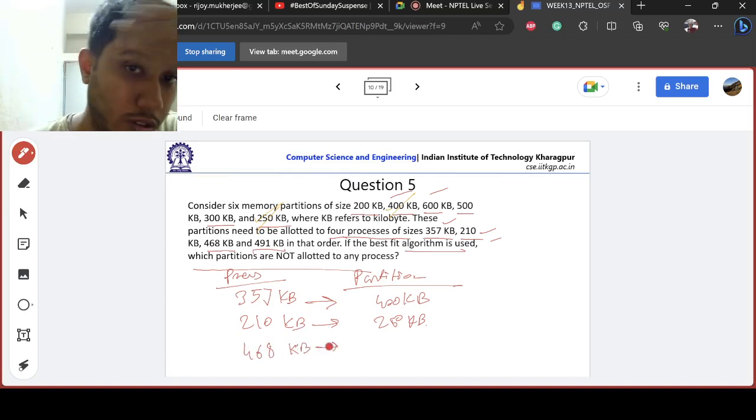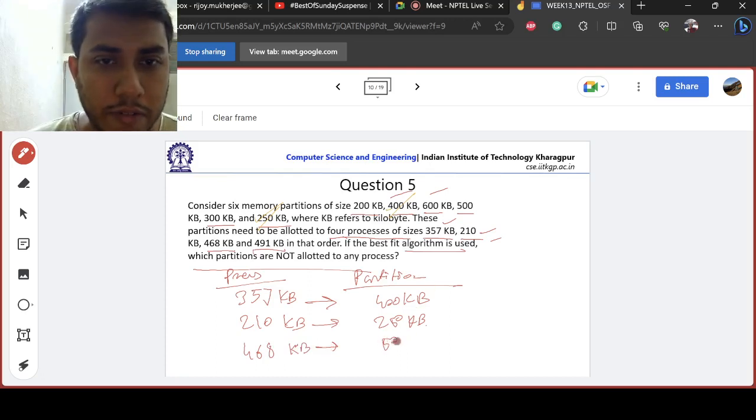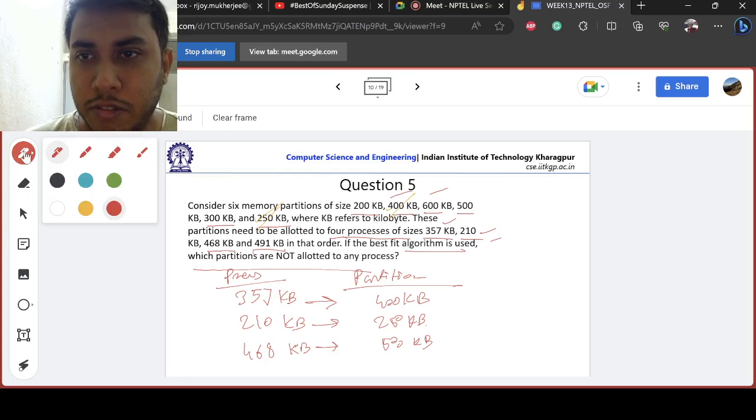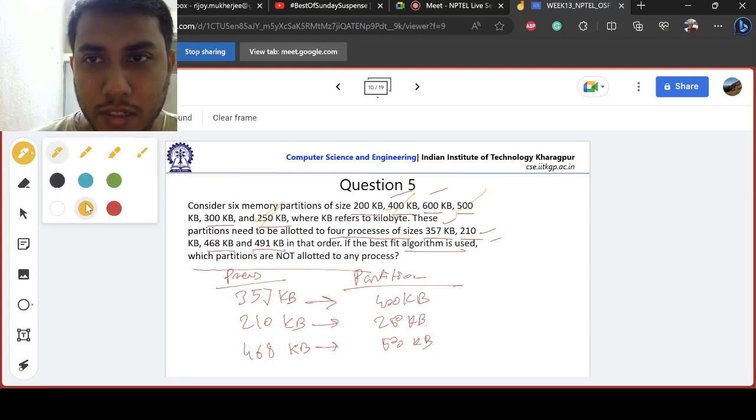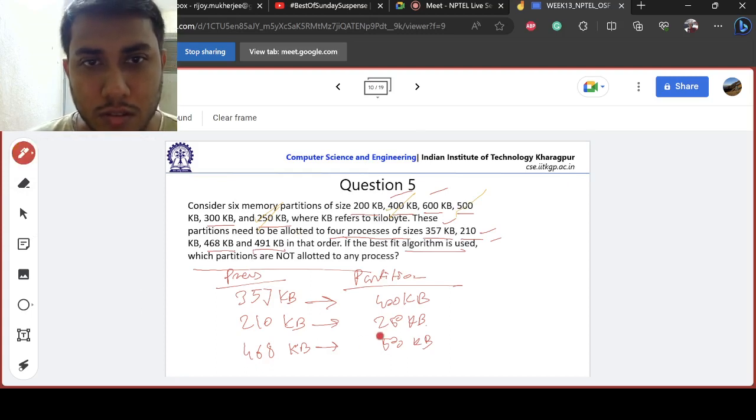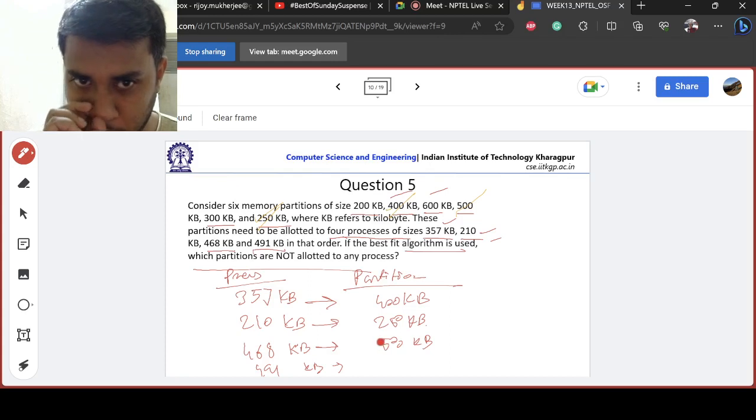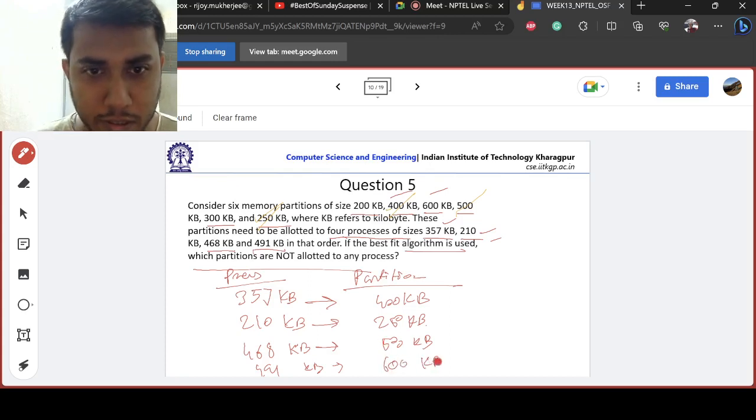It will be stored in the 500 KB partition. It's gone. Now you have the 491 KB process, and only one is possible, that is 600 KB.